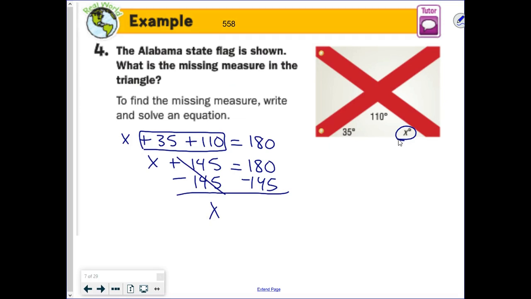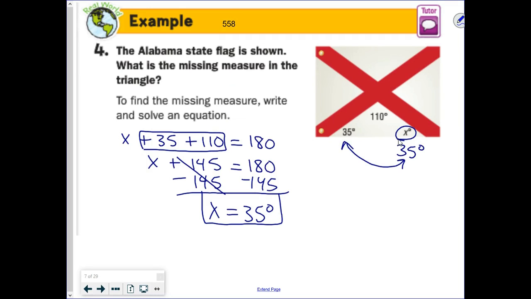And then we find out that X equals 35 degrees. And when I write that up here next to the flag, we can see that these two bottom angles were identical, which brings me to another property of triangles.